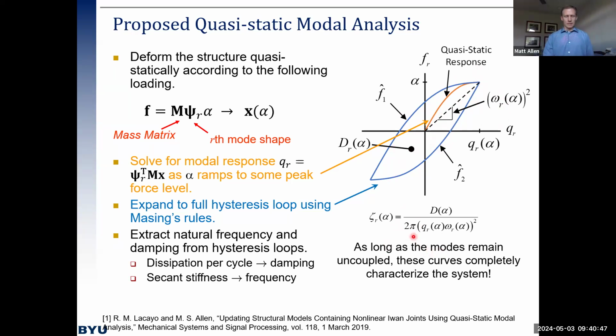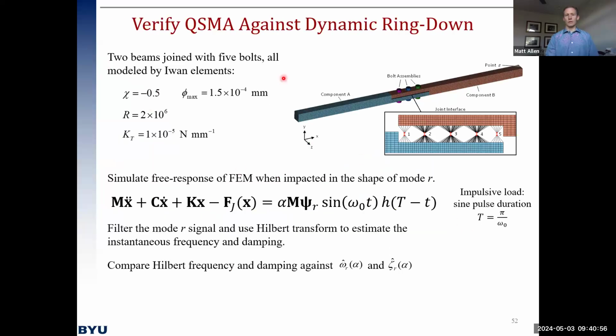So, hopefully that gives you at least a flavor for how we can use static analysis to predict the dynamic response of structures. We'll show you one little case study where we verified this. Again, we used our model of the Brake-Reuss beam, with 5 I1 elements as the nonlinearity.